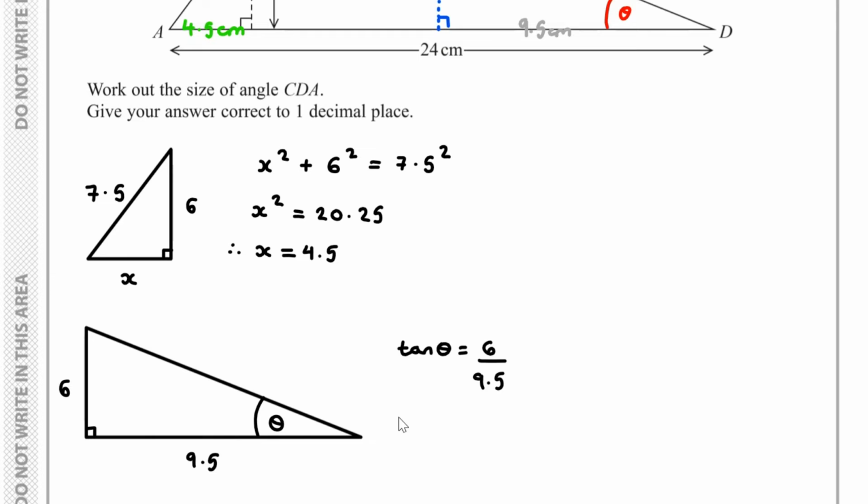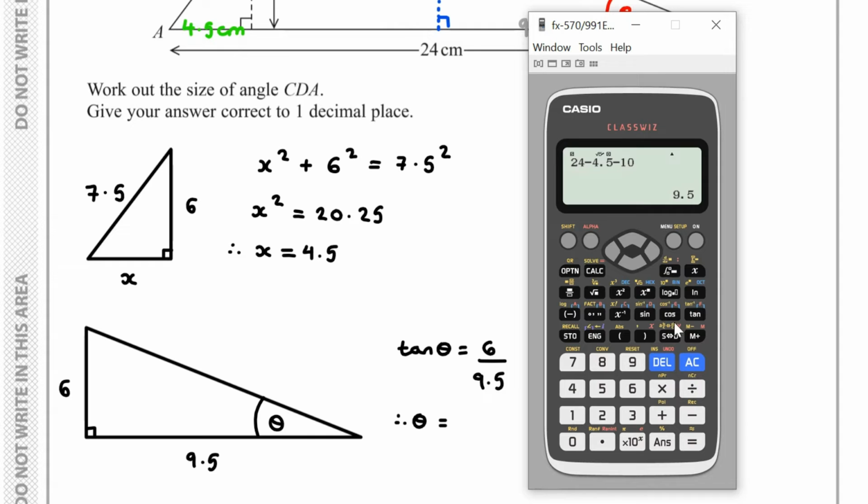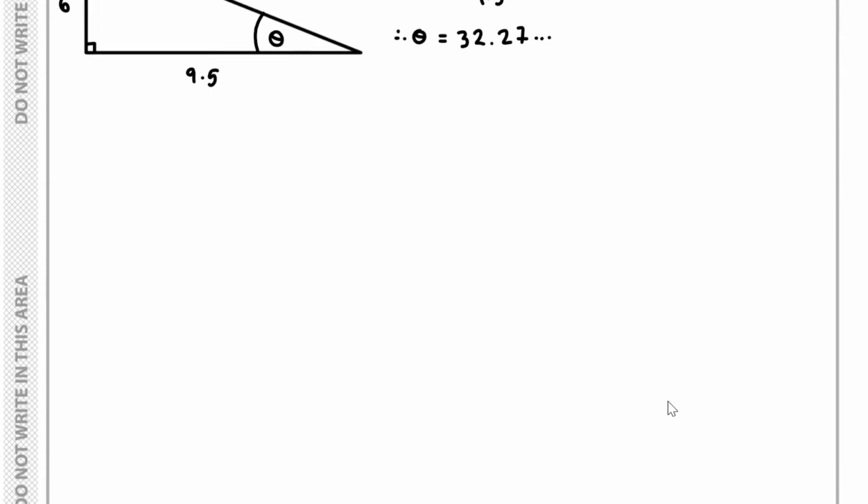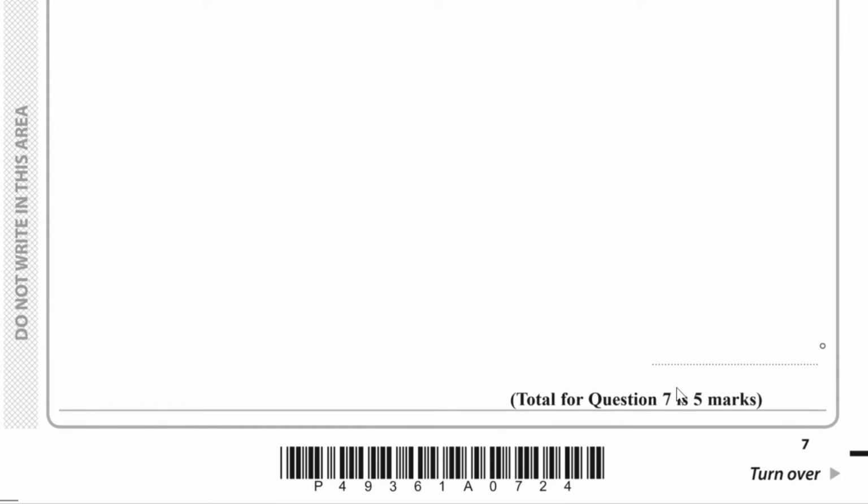And if we find out what theta is equal to, the inverse tangent of 6 over 9.5, which is 32.2, etc. So we've got 32.27, etc. So therefore the angle is equal to 32.3, correct to 1 decimal place.